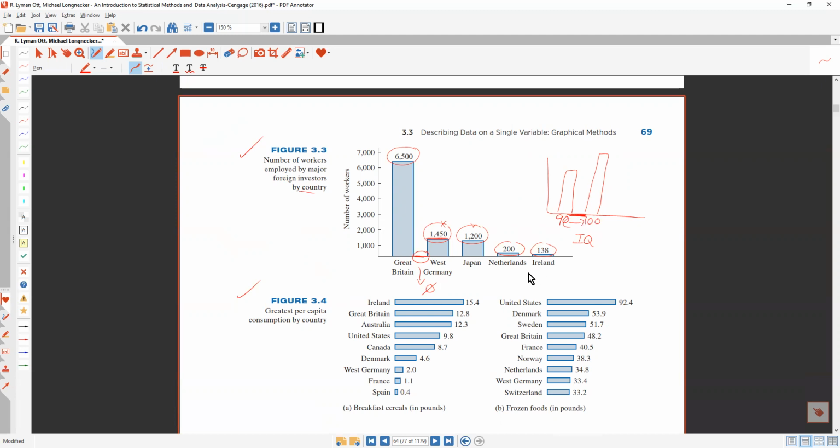Usually though, good graph makers will, in this case, attach these bars to show that there's a continuum. So that graph will look like this instead, rather than have that space, because IQ can be anything in between here.